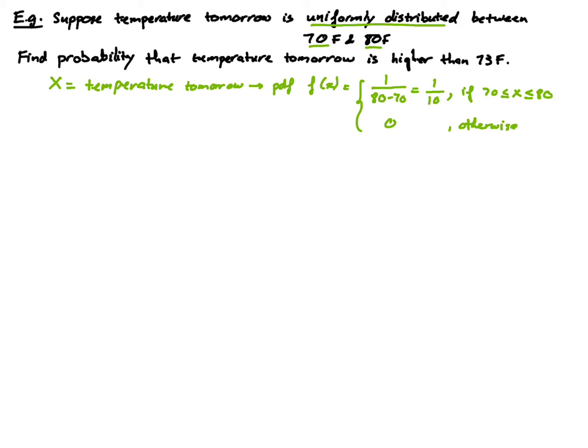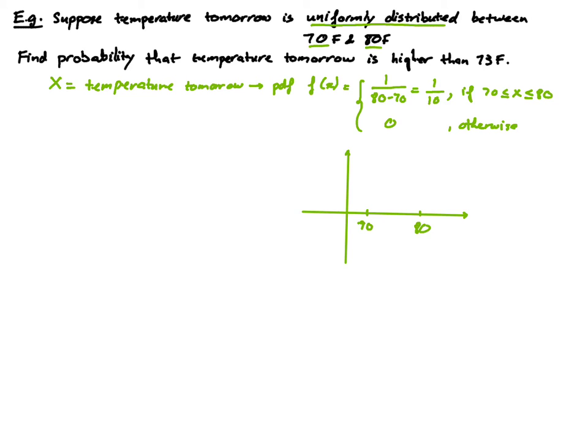So if you plot this function, you're going to get the probability density curve, right? So let's go ahead and do that. So I have my x-axis, and then I have my y-axis. And then let's say 70 is right here, 80 is going to be right about here.